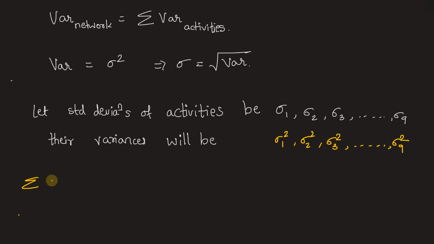The sum of all the variances of activities is equal to the sum of the squares of standard deviation. So we can write sigma 1 square plus sigma 2 square plus up to sigma 9 square.